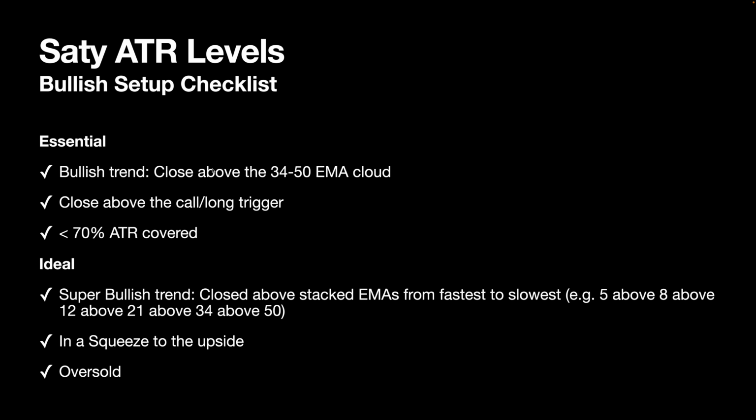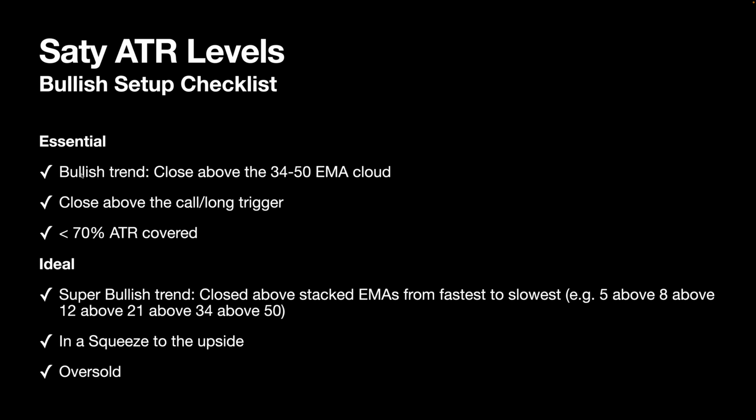So in my setups for ATR levels, there are essential requirements for the setup, and then there's sort of ideal requirements for the setup, and I'll walk you through those. So I'm looking for a bullish trend, and what this means is using Ripster's EMAs and Ripster's golden rule of trend. His focus is to see that it's above the 3450 cloud.